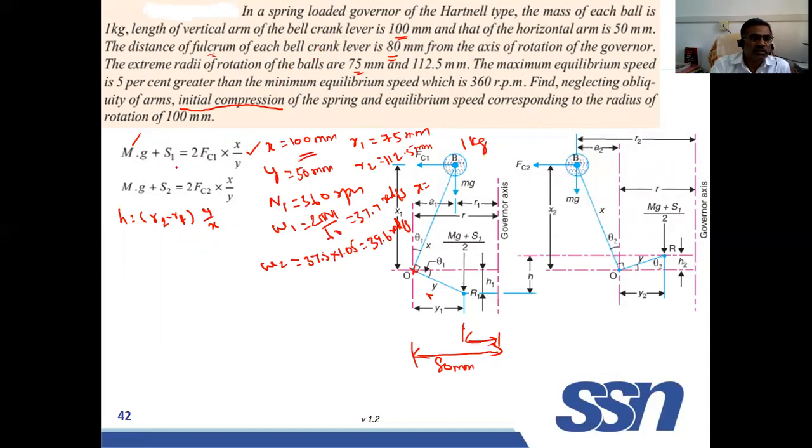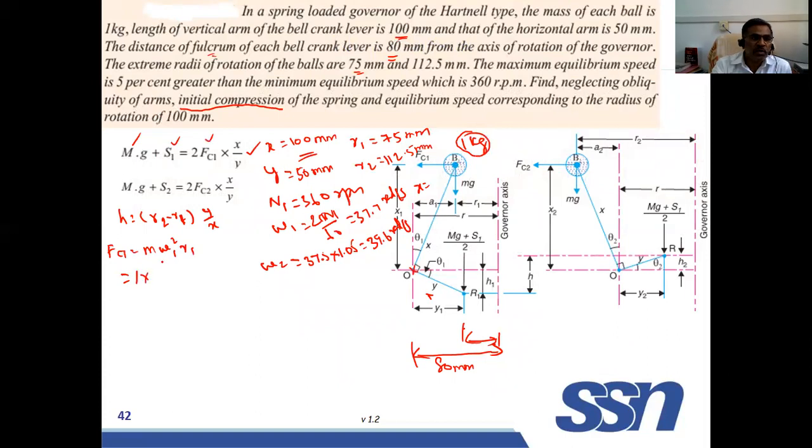So what you can do is, X and Y values are given, and FC1 you have to find. What is FC1? Centrifugal force, that is M into omega 1 square into R1. What is M? Mass of the ball is equal to 1 kg.